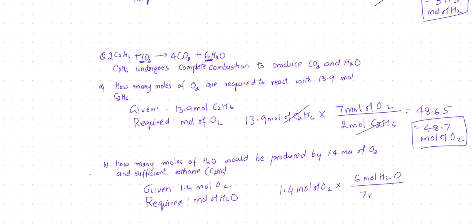Always this unit and this unit should be the same so that they get cancelled. So moles of oxygen cancel. So 1.5 times 6 divided by 7 equals 1.2 moles of water. So this is the answer.